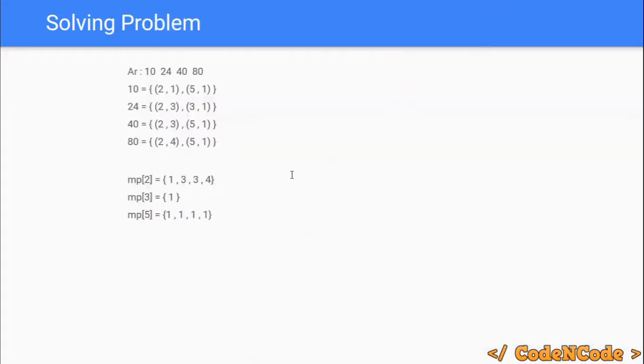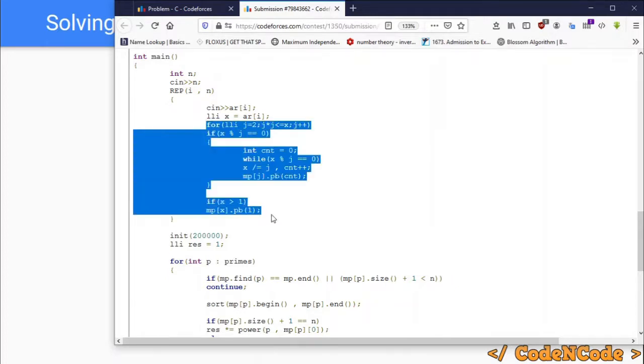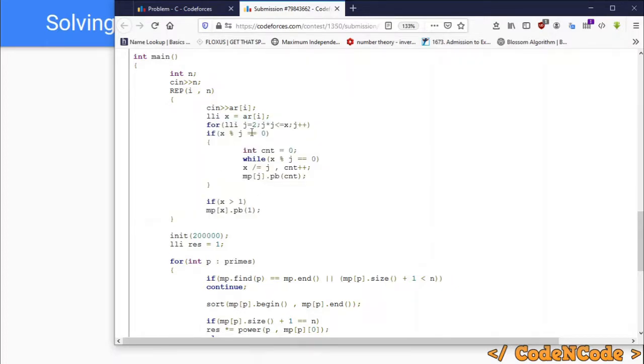So basically I am generating this map. Finally, one more thing, I've already explained prime factorization in my number theory playlist, so I'm not going to explain this whole code here. Just remember, we are prime factorizing every single number, and also we are getting our map ready.